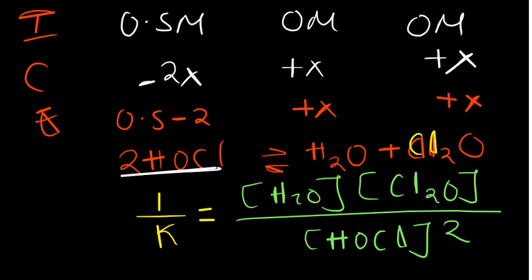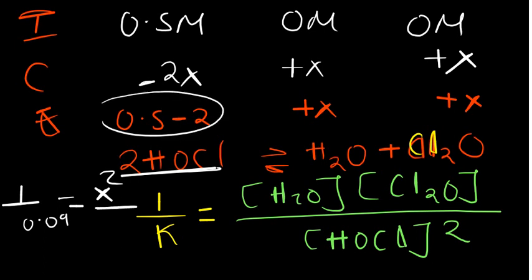As you plug in there, you're going to have 1 over the given value of the constant, 0.09, equal to, on top, x times x, which is x squared. Denominator part, you have 0.5 minus 2x to the power 2. Equally there, you do the same, cancel out the minus 2x and focus on the 0.5.